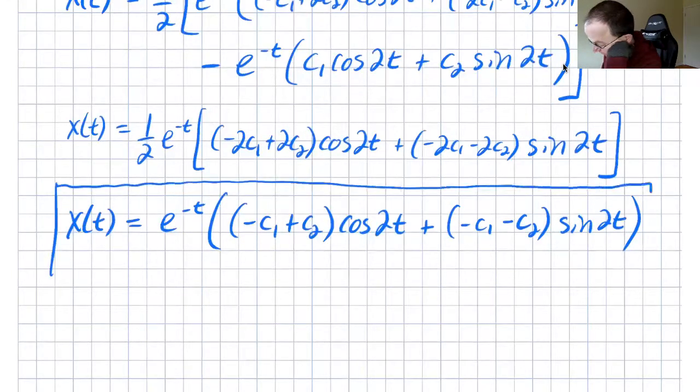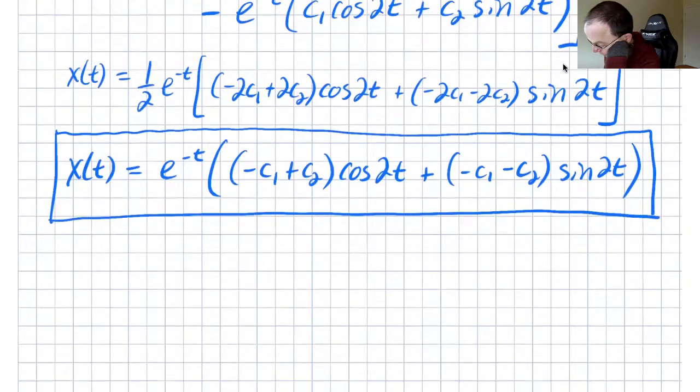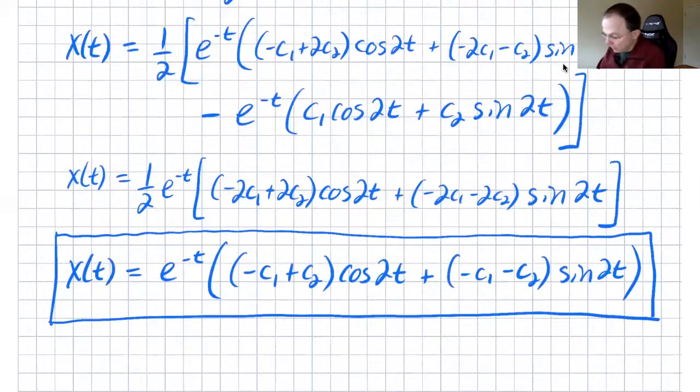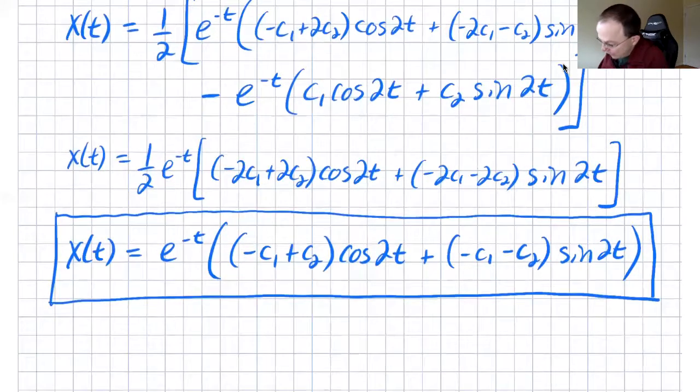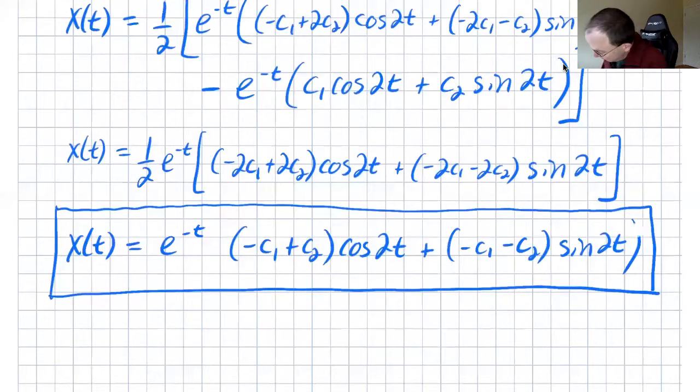Now, if we had done the solution in the other direction, solving for x of t first and then figuring out what y of t is, we would get a solution that looks different than this. Let me make these square brackets, so it looks a little nicer.